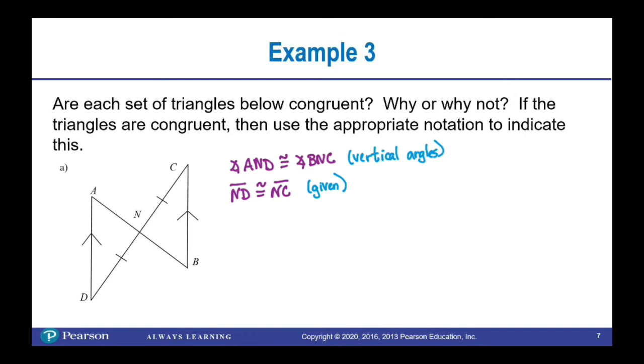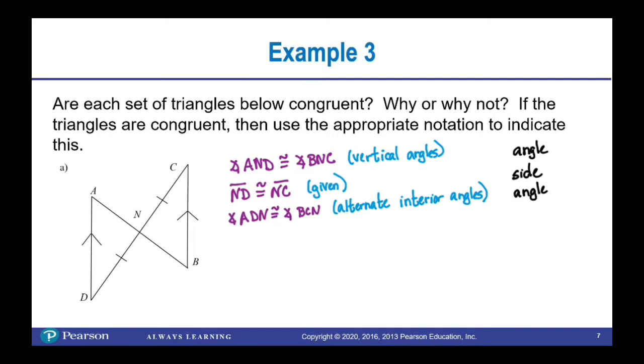Then last, I notice that I have parallel lines. Line AD is parallel to line BC. So alternate interior angles are congruent. That means that angle ADN is congruent to angle BCN. So I have an angle, a side, and an angle.